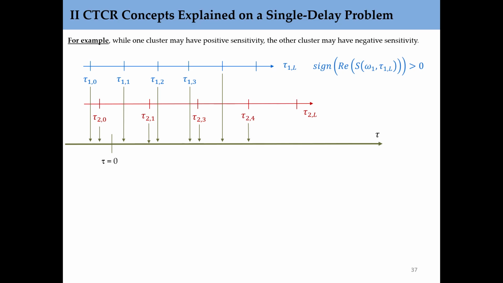Imagine that the blue set is a destabilizing set because it's positive, so the crossing is from left to right. It's sufficient to compute this from only one of the delay values. If this one is destabilizing, all the others will be destabilizing. Therefore, I put the counter L here. No matter what L is, the crossing is destabilizing for this cluster.